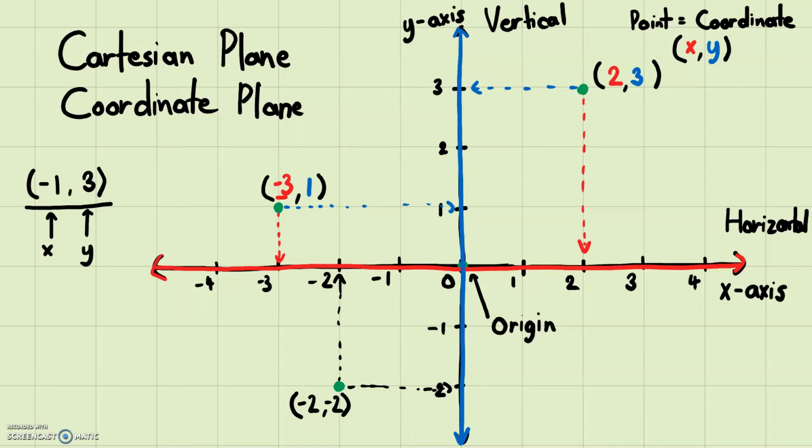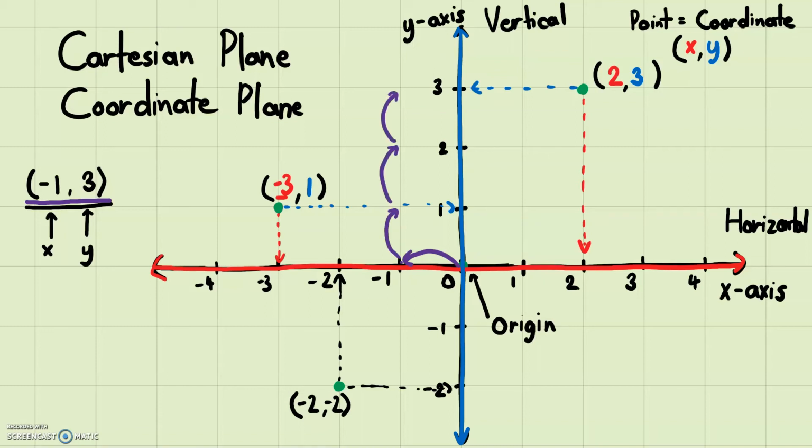It means go -1 in the x direction. Let me define this point to be purple. This is going to be our purple point, and I'm trying to plot it on our plane. Go -1 in the x direction, so we're here. Then go 3 in the y direction, so go up 3 from here.